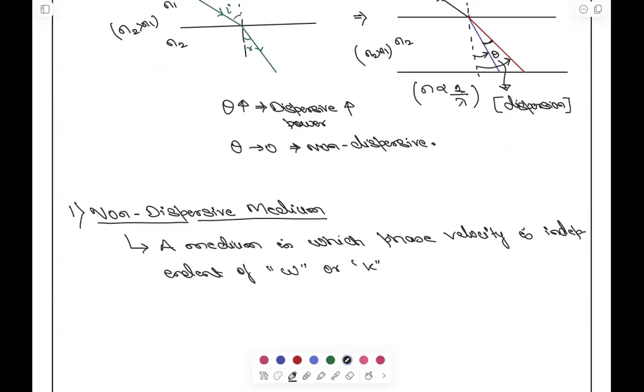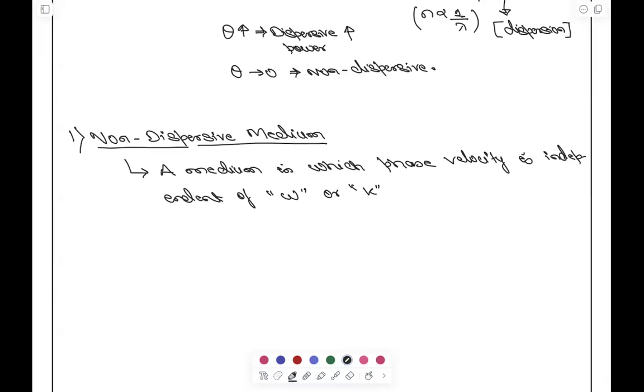Obviously, when I write omega, it already contains frequency f. When I write k, it already contains the wavelength lambda. So when this is the case, we can say that the medium is non-dispersive. It will remain the same for every one.